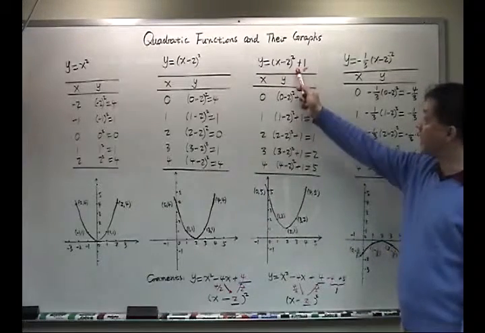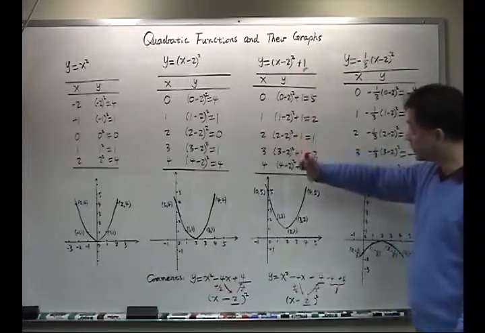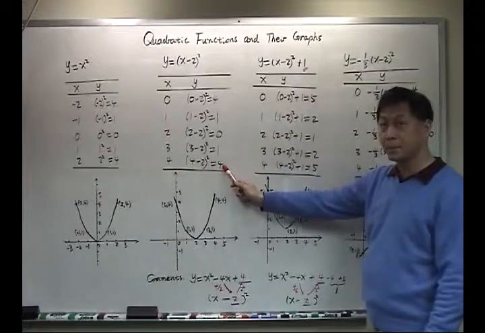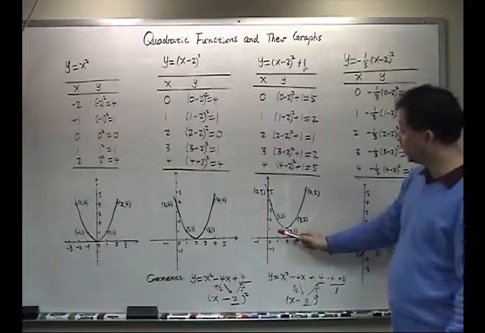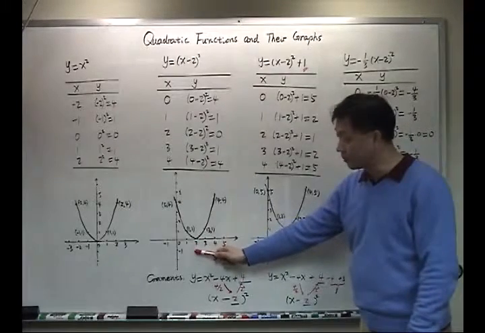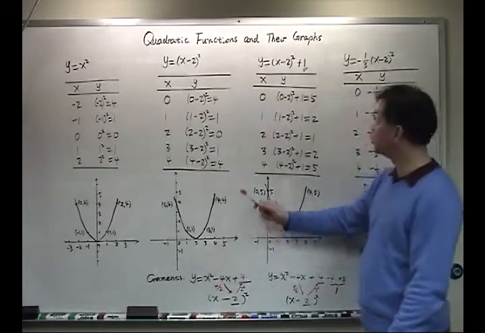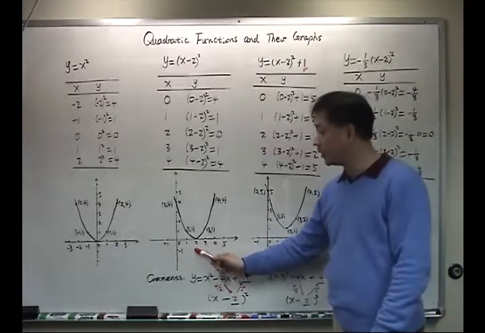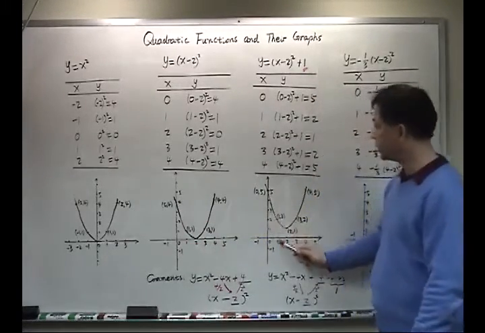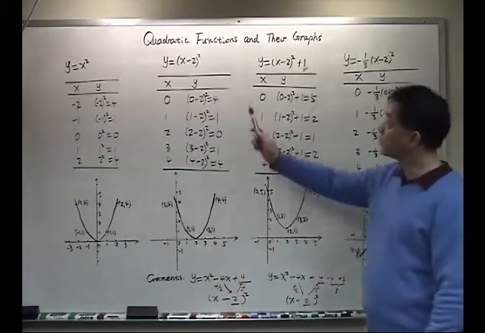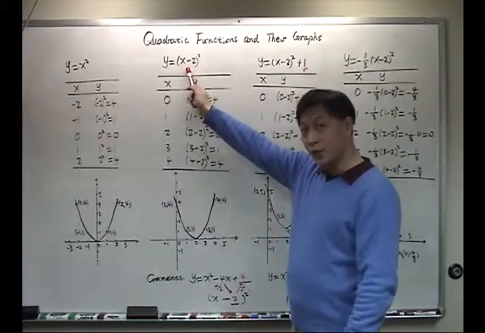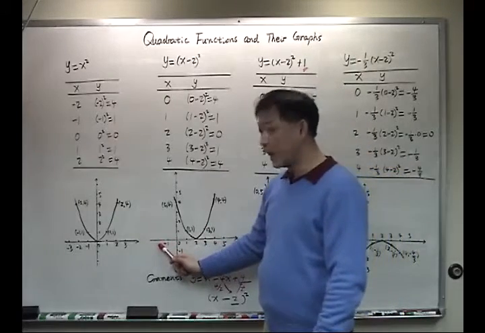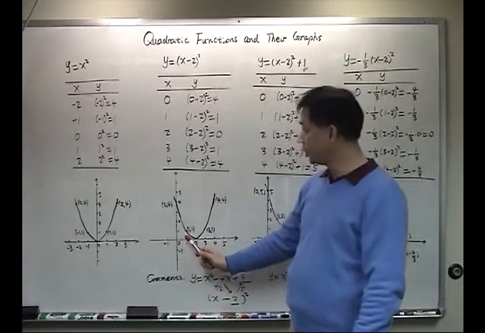If here were -1, then of course every value here would be subtracted by 1, so the picture would be 1 unit down. If here were plus, you can try yourself, that would be 2 units to the left instead of 2 units to the right.